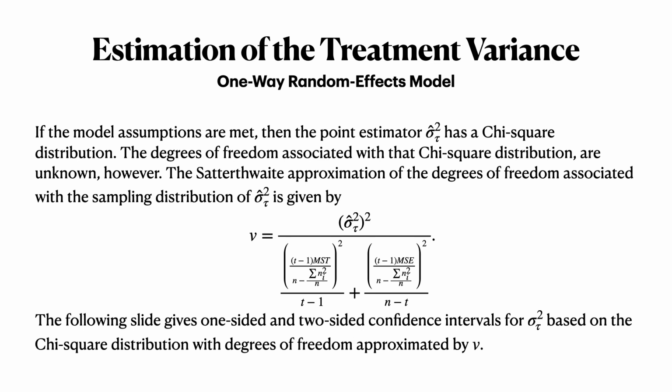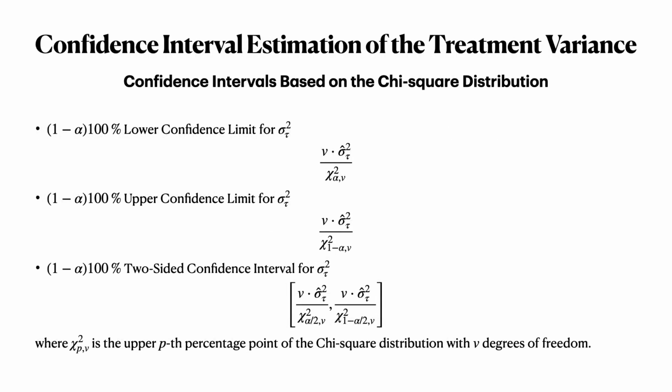The formula for Satterthwaite's approximate degrees of freedom is shown here, and we're going to denote these approximate degrees of freedom by V. The following slide gives one-sided and two-sided confidence intervals for sigma squared sub tau based on the chi-square distribution with the degrees of freedom approximated by V. Now, these confidence limits and the two-sided confidence interval have the same form as they have for the corresponding confidence limits and confidence interval for the error variance, sigma squared.